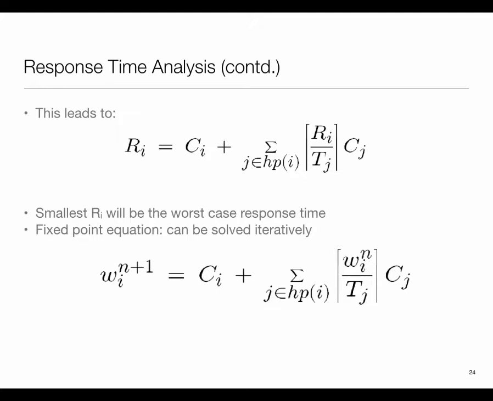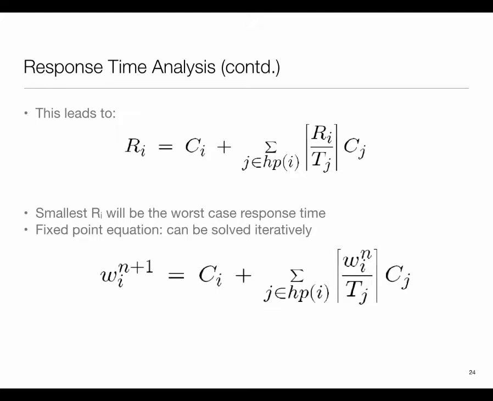The other thing you can see is that, given the structure of this, as I iterate, Ri will only increase, because I'm adding Ci and every term is positive. So every time I iterate, Ri is increasing. At some stage, either Ri will stabilize to a constant value, reaching the fixed point, or it will exceed my deadline. So I have a very well-defined stopping situation.